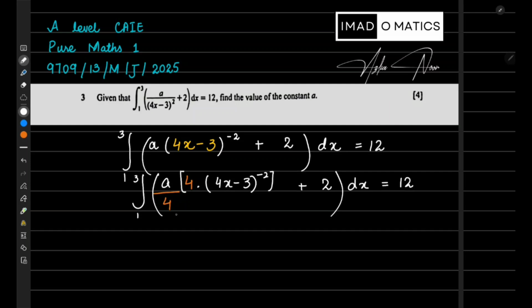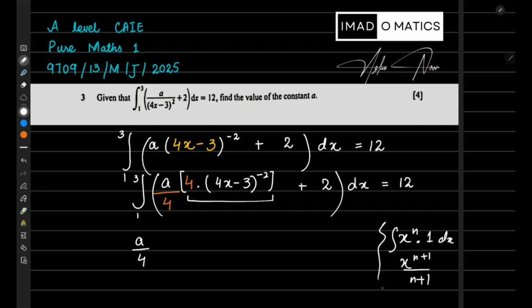Now, integrate the first term. a over 4 is a constant, so it will stay outside. Then the 4 will vanish, and we will get the power plus 1 over the new power. Like if you have x to the power n, the integral of x to the power n would be x to the power n plus 1 over n plus 1, and the derivative that is multiplied with it, that is 1 in this case and 4 in this case, just disappears after integration.